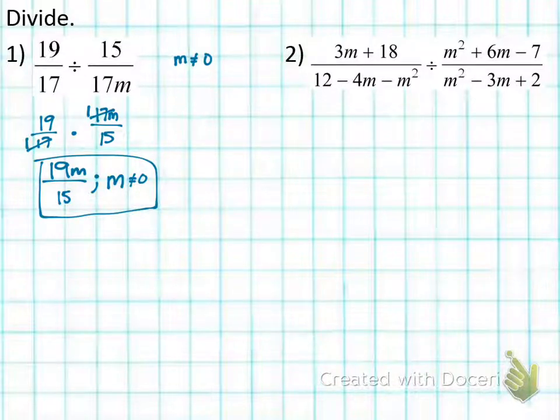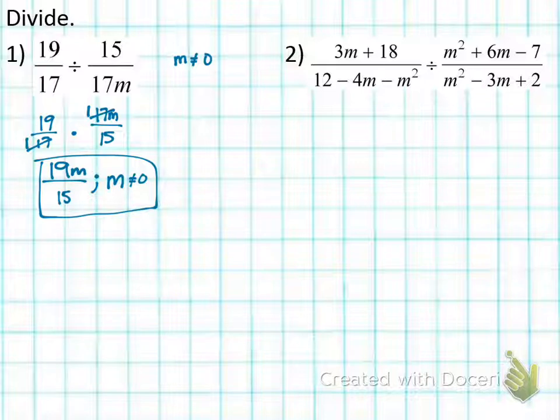So what did I do on number 1? First thing I did is check for excluded values. The way you always look for excluded values is to look for variables in the denominator. There aren't any variables here. There's a variable here, set it equal to 0. We get m is not equal to 0. Then we multiply by the reciprocal, so put the denominator in the numerator and the numerator in the denominator.